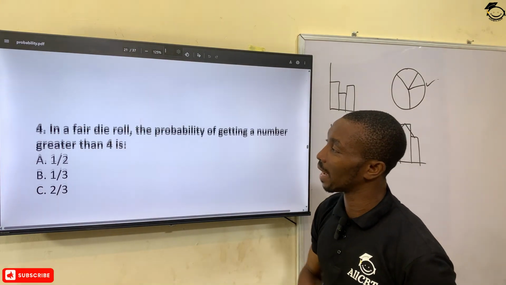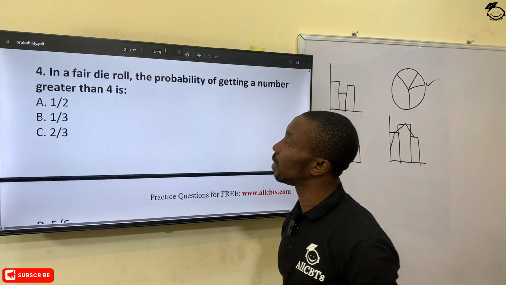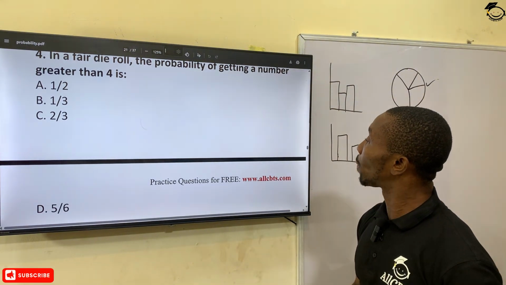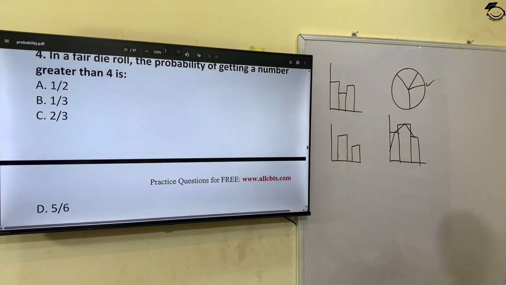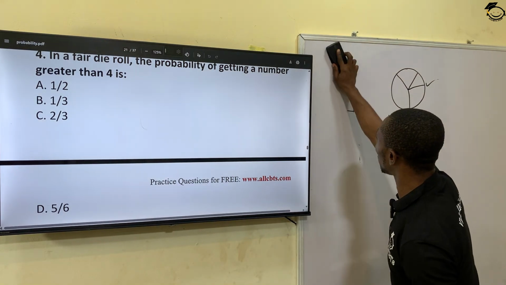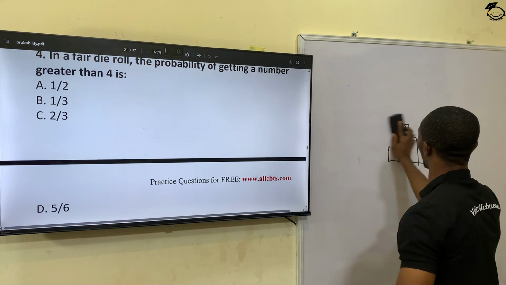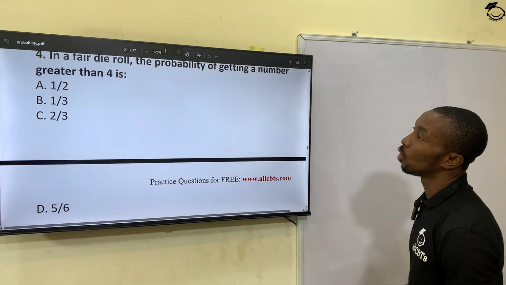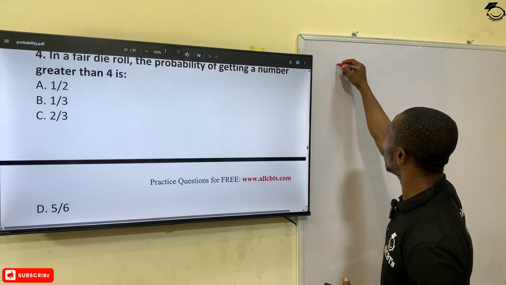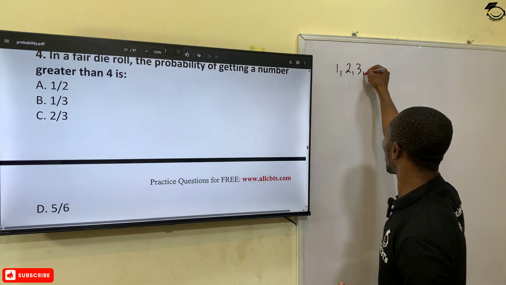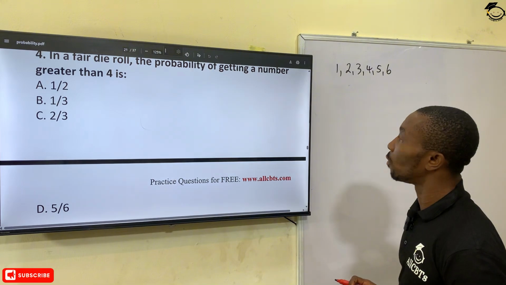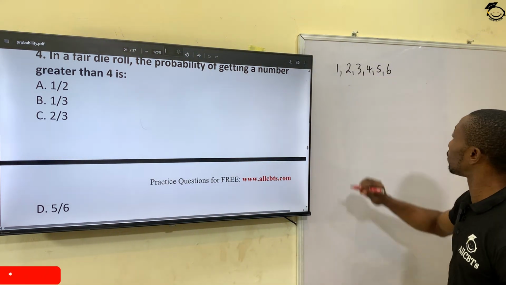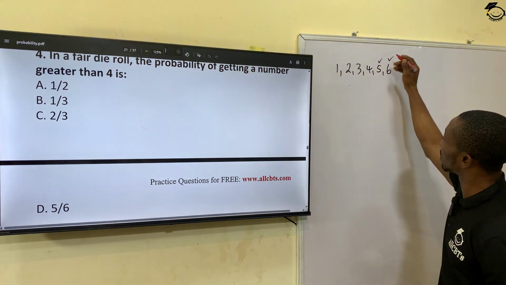Our next question says, in a fair die roll, the probability of getting a number greater than 4 is, now when we talk about probability of getting a number greater than 4 in our fair die, we have the numbers 1, 2, 3, 4, 5, 6 as our sample space. Now, if we look at numbers greater than 4, we have 5 and 6.